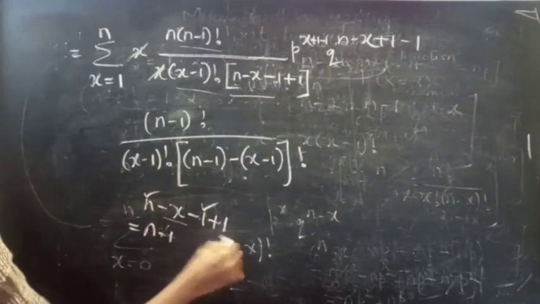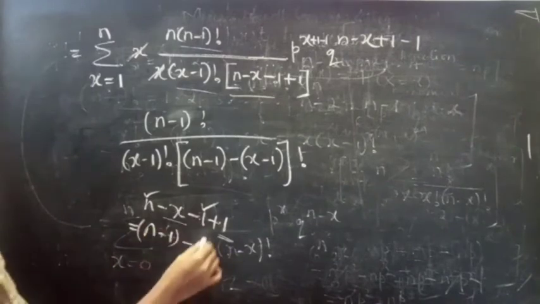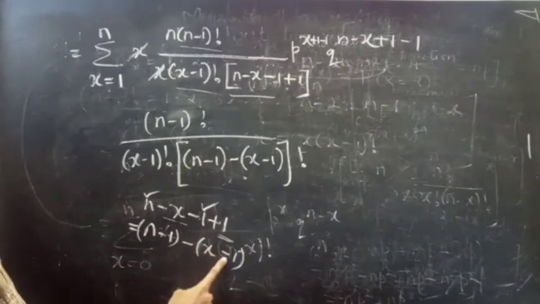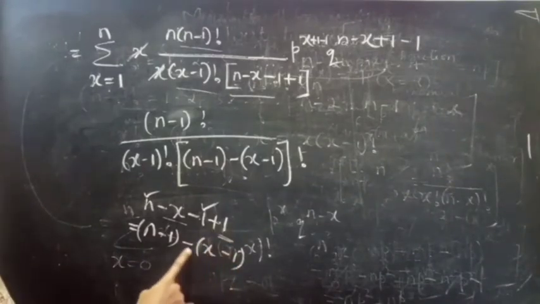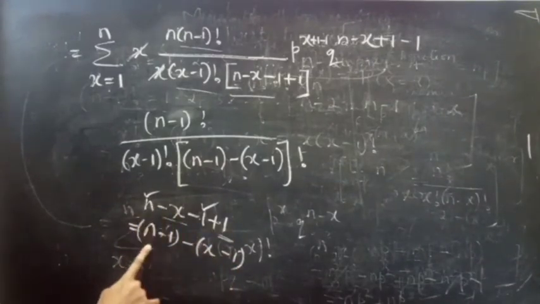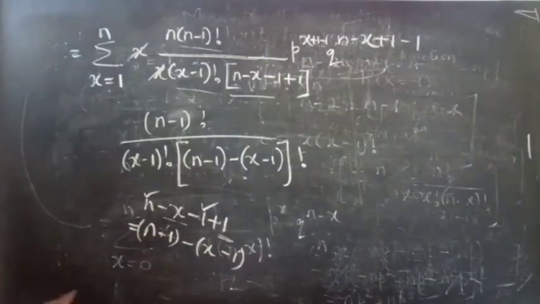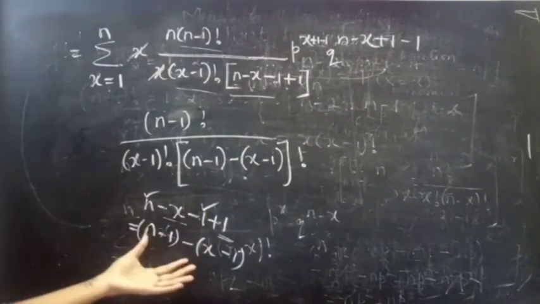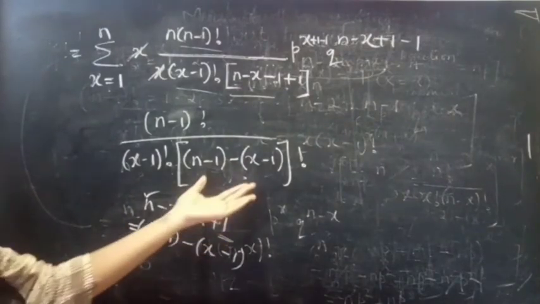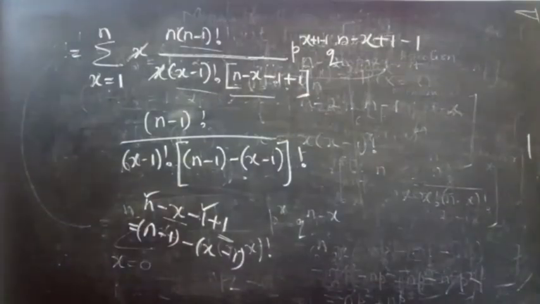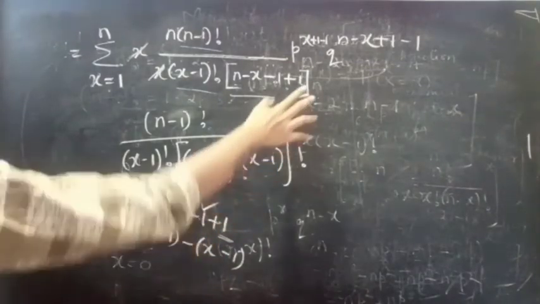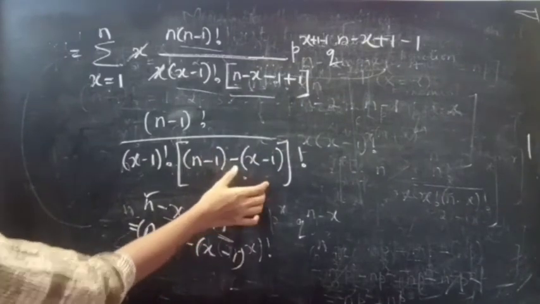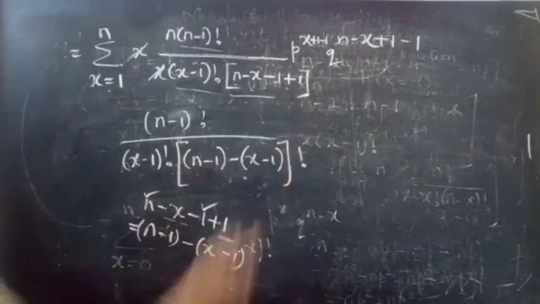Now consider these two terms and take minus common, then you'll get minus of x minus 1, and the remaining stays the same, n minus x. So we have written it like this. Now you can change the step to n minus 1 minus of x minus 1 factorial.